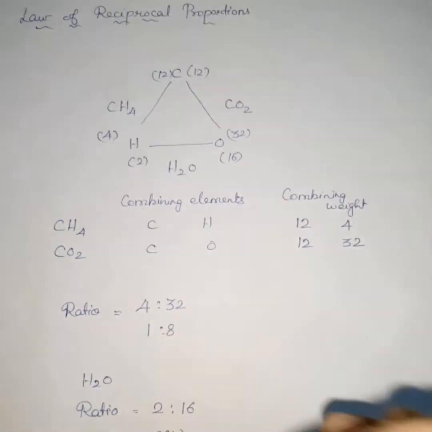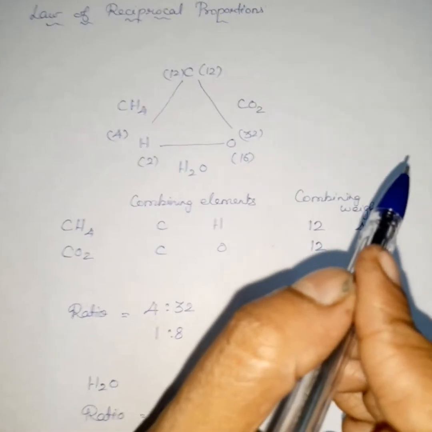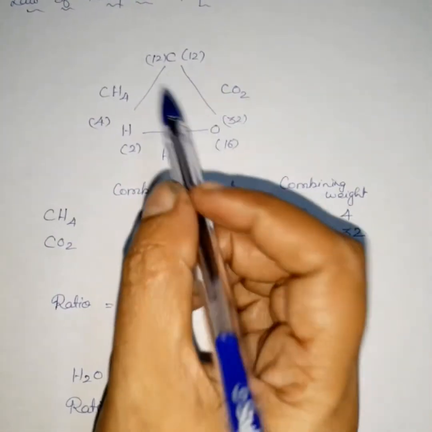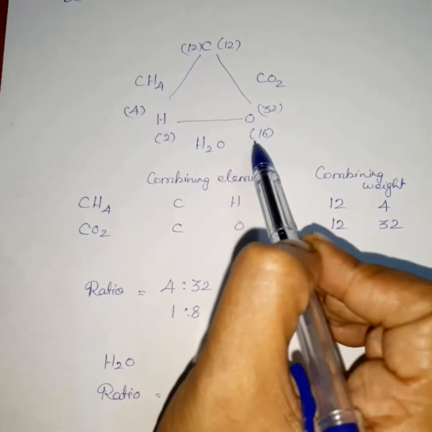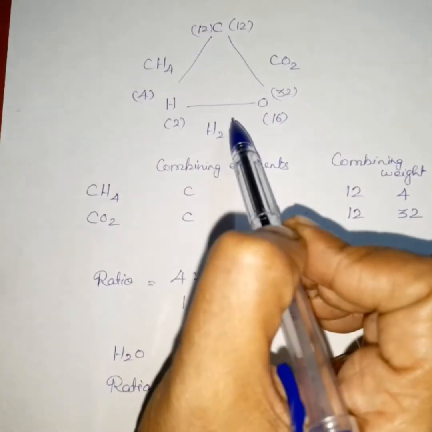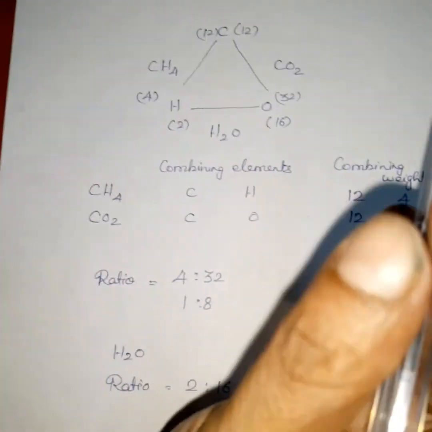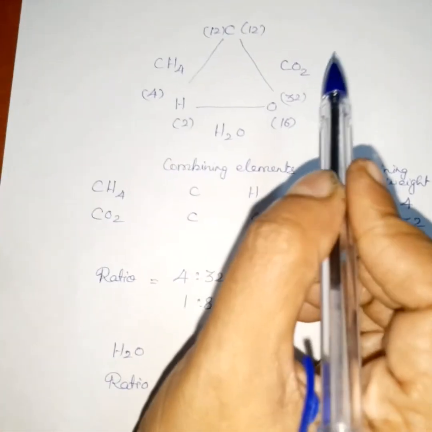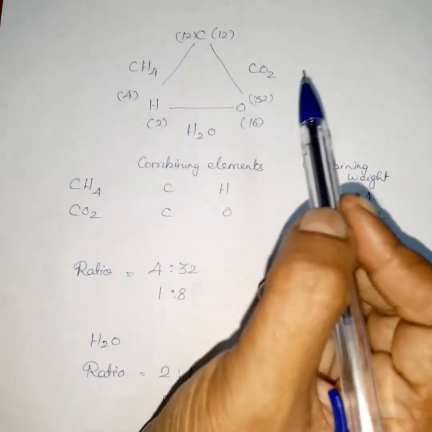Here listen, first, two different elements combine separately. Here carbon, hydrogen, oxygen. So they combine separately with the same weight of the third element. The ratio of the masses in which they combine is a simple multiple.